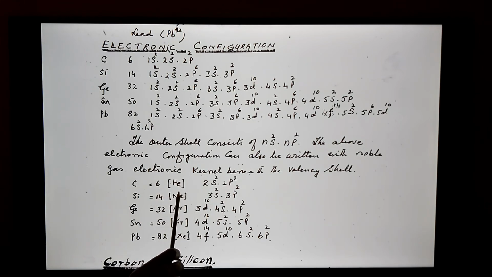Silicon has the neon kernel, which has 10, so 10 plus 4, 14 electrons. Germanium has the argon kernel, 18 electrons, 3d10, 4s2, 4p2, and that will make it 32. Likewise, tin has the krypton kernel with 5s2, 5p2, lead has the xenon kernel, and we have 6s2, 6p2 in lead. So the time is finished and we finish it over here.